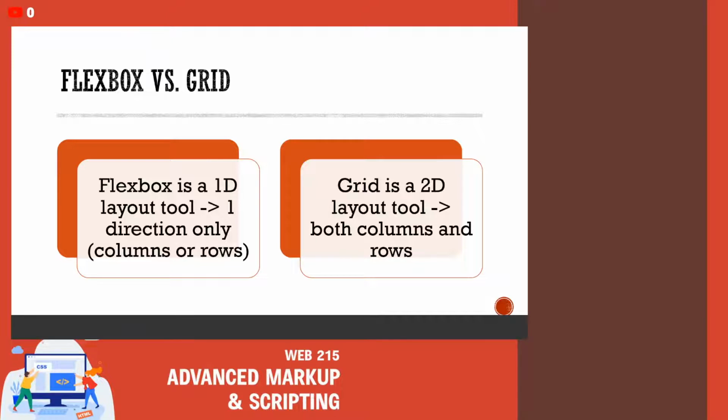As we made a site, if we went over the width, it would just go down to the next row. But we really only had the ability to dictate how things happen in a particular row. Whereas Grid is a 2D layout tool, which means we can work with both columns and rows. So as we work with Grid today, we have a 2D layout tool that we'll be using to lay our sites out.